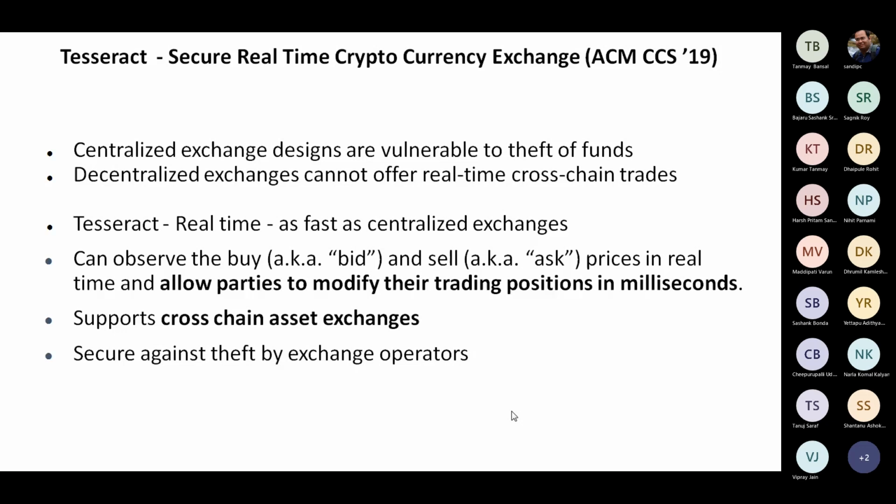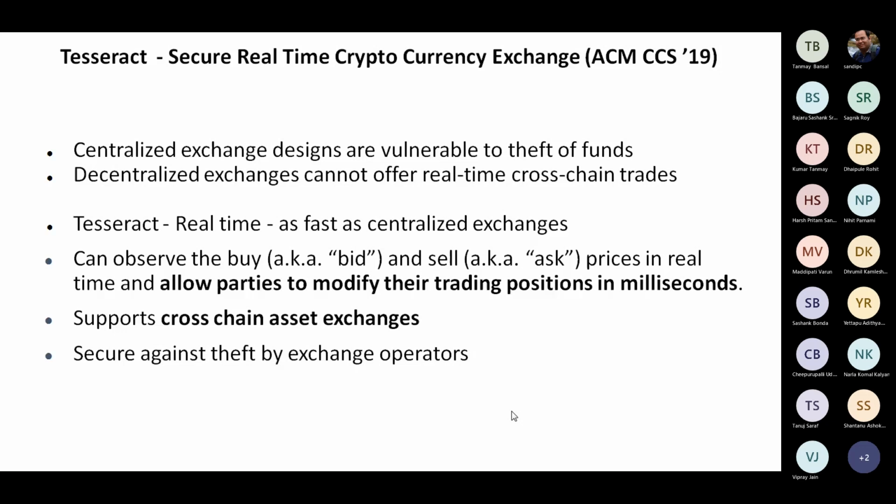So what Tesseract does is that it tries to have a balance between these two. It is real time, as fast as centralized exchanges, and that means that buy and sell prices are available in real time, and the parties can modify their trading positions in milliseconds, which is done in normal exchanges also.